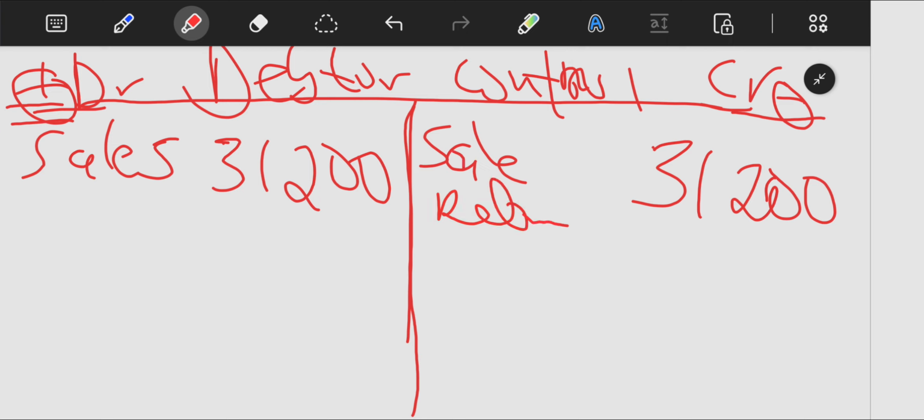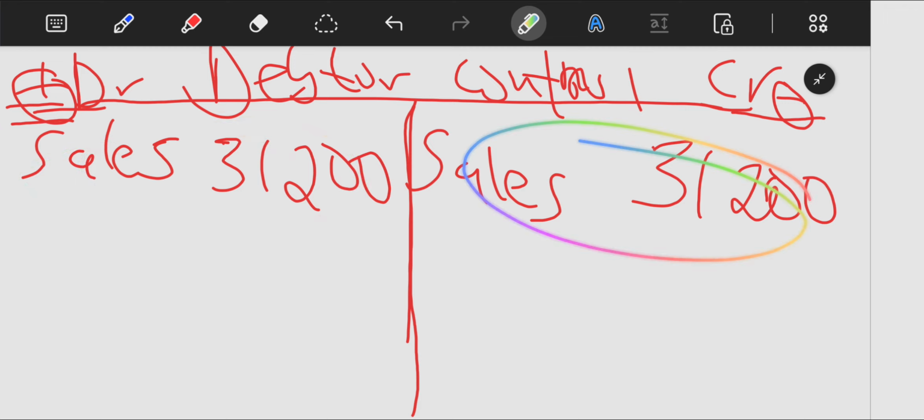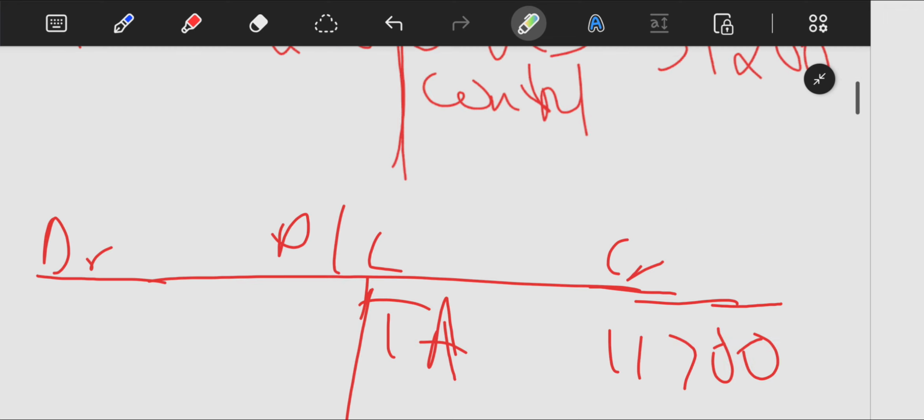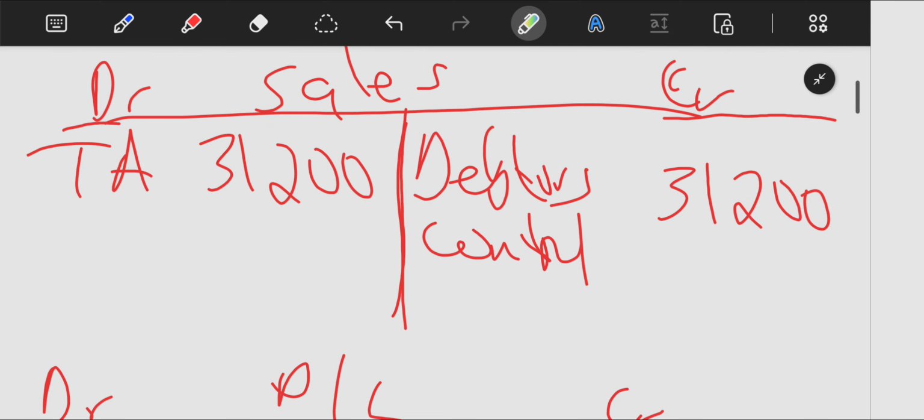But to make it much more simple so that you understand the impact of this in the income statement, let me just put sales here, because we are reversing what we did here. Then we go back to sales. I said sales is an income account, meaning that it decreases on the debit side and increases on the credit side.